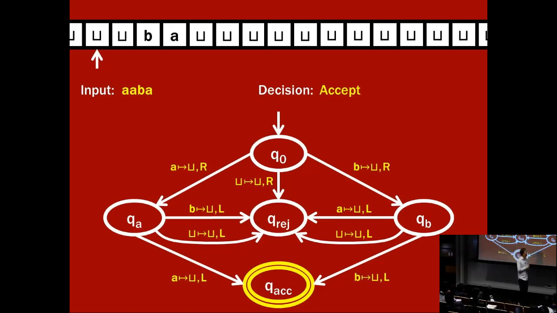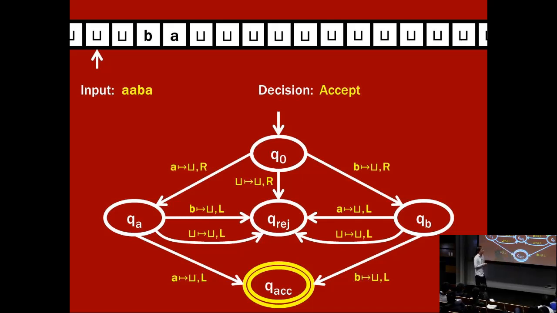OK, let's do another example. Let's say the input is BA. So it gets written onto the tape like this at the beginning. We start the tape pointer here. OK, we start in Q0. And what will happen? Well, we're reading a B, so we follow the B arrow to this state. We write a blank, and we move the head to the right.